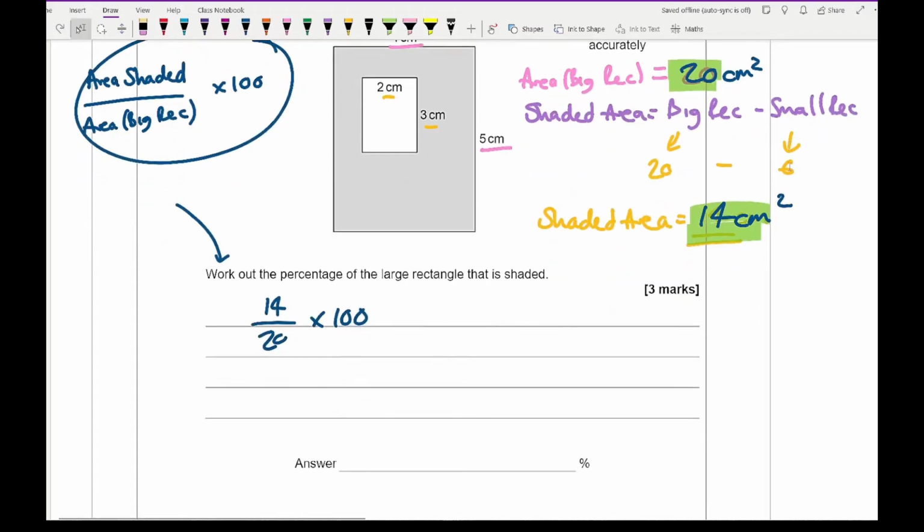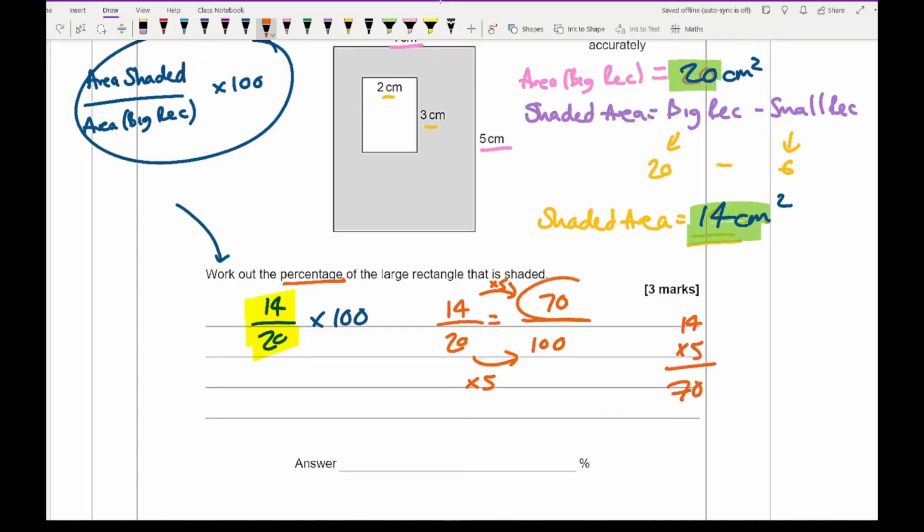Now to work out the percentage, an easier way of doing this, you could either work that calculation out, or using the fraction, we've got 14 over 20, and I want to write that as a fraction over 100 because we want the percentage. So here I multiply 20 by 5, so I do 14 times 5. Again, if you're not sure, just do the multiplication on the side, in which you should get 70, so the percentage is going to be 70%.